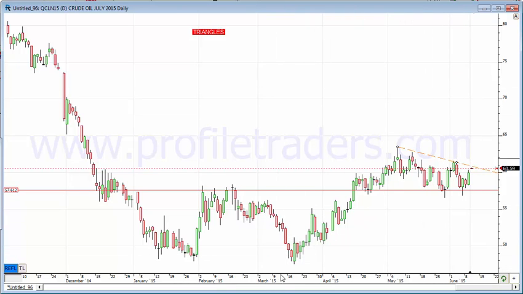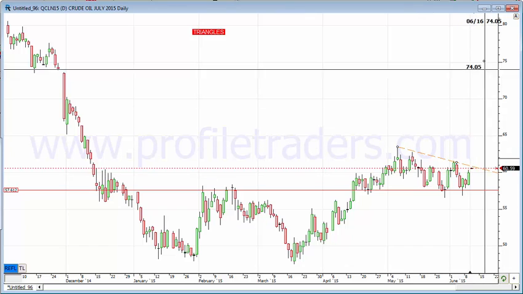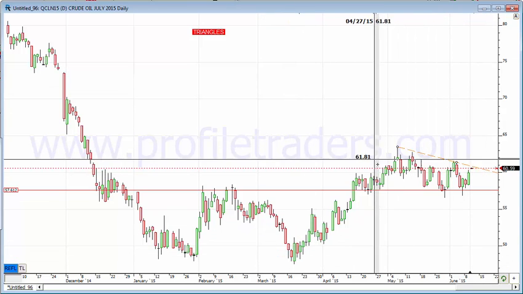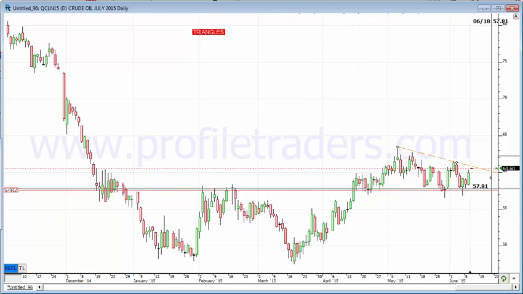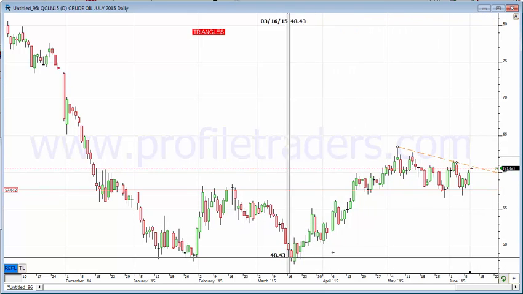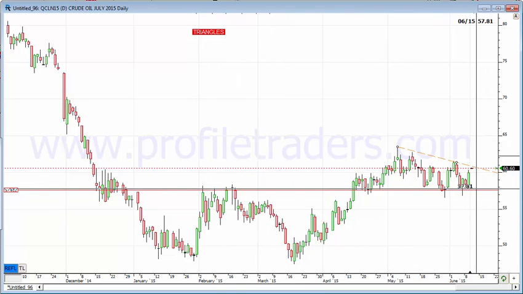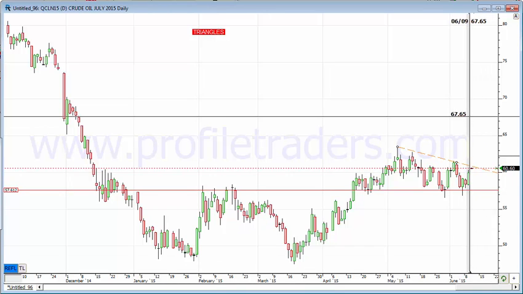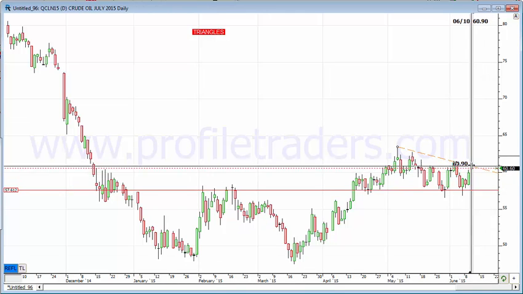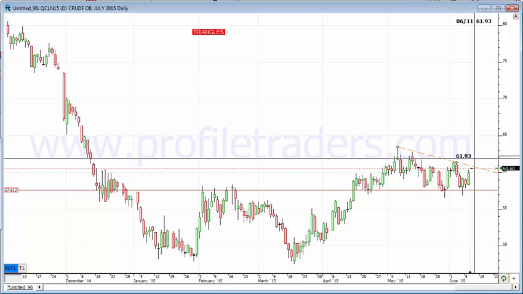So to make a long story short, for a triangle to be a continuation pattern, it has to be formed, like it is right now, after a good push to the upside. Failure to break to the upside could have very dramatic consequences when it does the contrary and breaks to the downside. If it breaks to the upside, we are looking for both price expansion on the break up and preferably volume expansion.